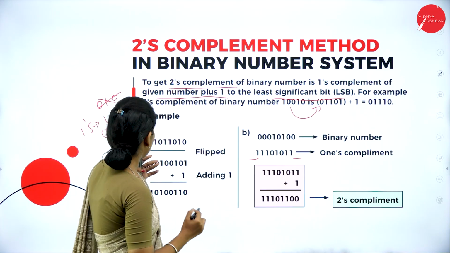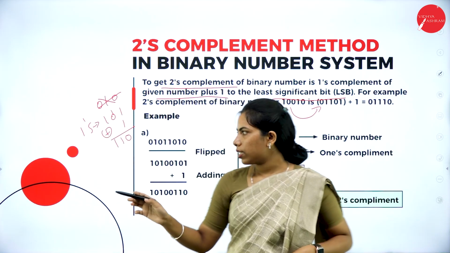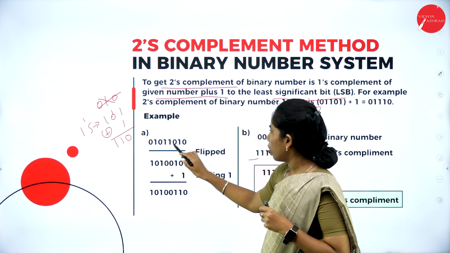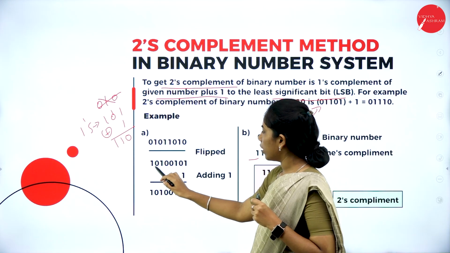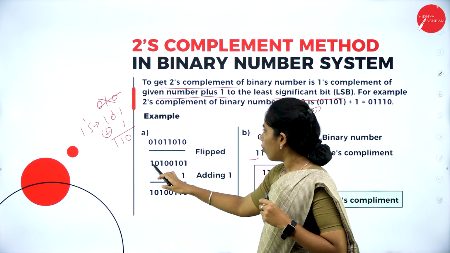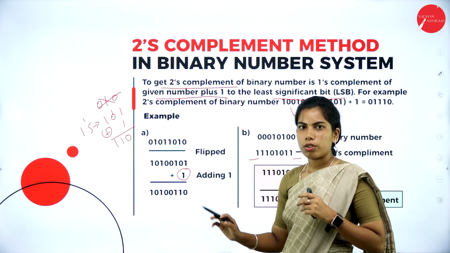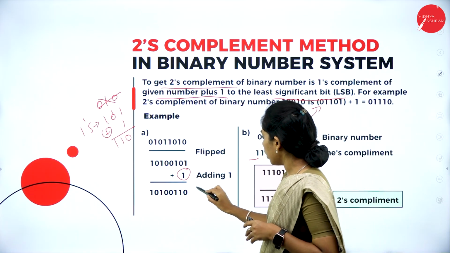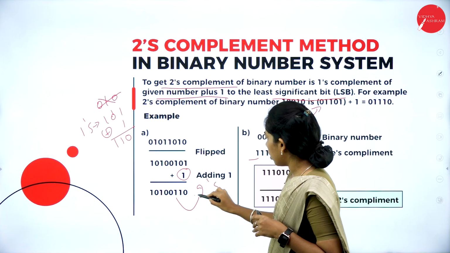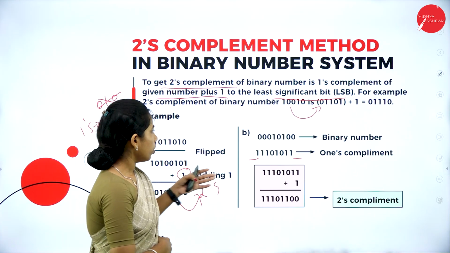So here you can see some more examples. 010111010 I can convert into the ones complement, that is 101000101. When I add 1 to the LSB bit, this would be the twos complement. Got it? That is how you can convert.